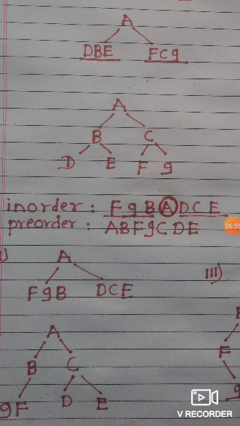In the in-order sequence, D is at the left-hand side of C and E is at the right-hand side of C. Therefore, D is added at the left of C and E is added at the right of C.